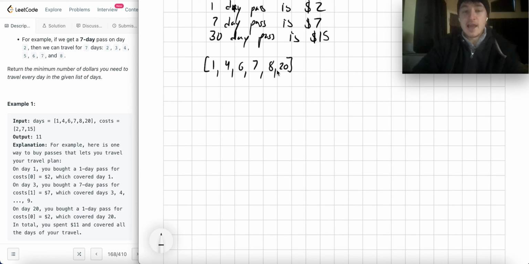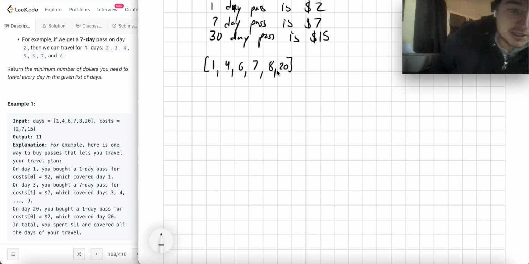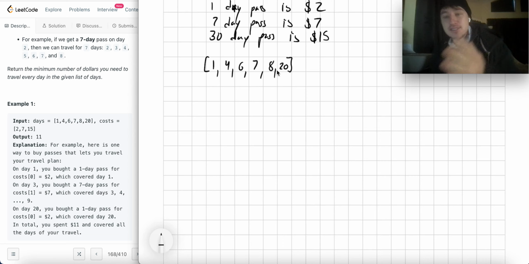So the solution here can easily be understood if you think about it as a graph. The only observation you really need for this problem is that you're going to have to buy a pass that covers each day. If you encounter a day and you don't have a train pass, you're going to have to buy one to cover that day, no matter what, because you have to cover all the days.